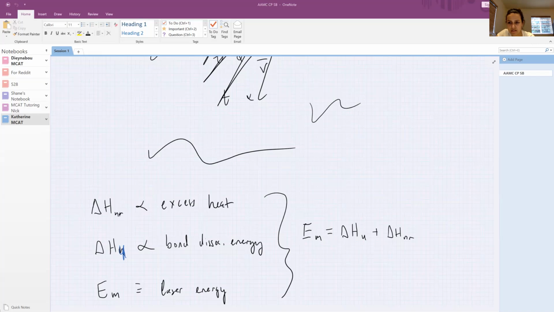Let's say you need an energy of 463, or think about it in terms of an atom getting from its ground state to its excited state. That's why it's called quantum mechanics, because everything is a discrete value.